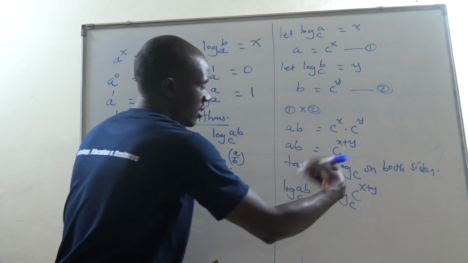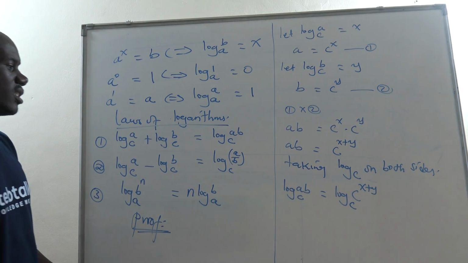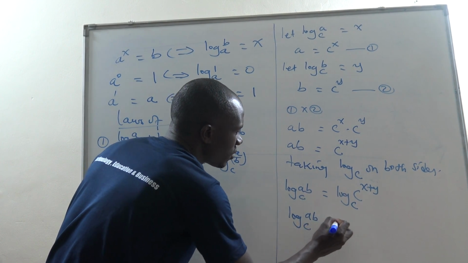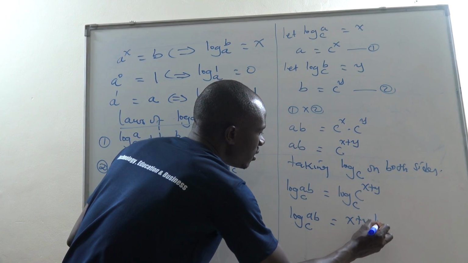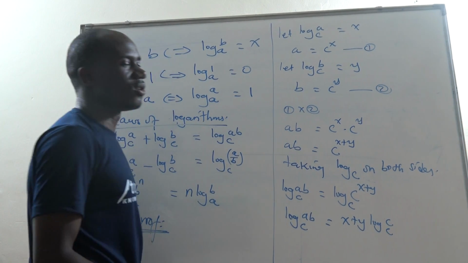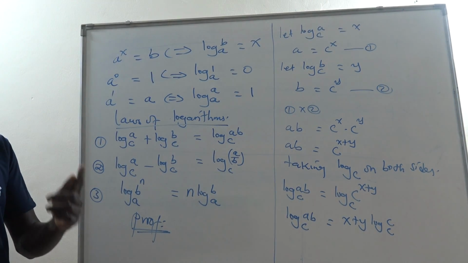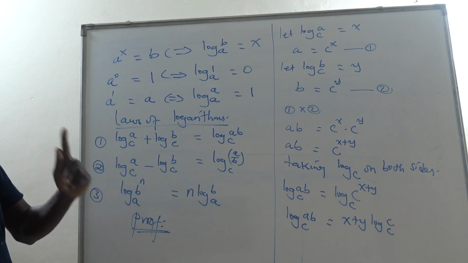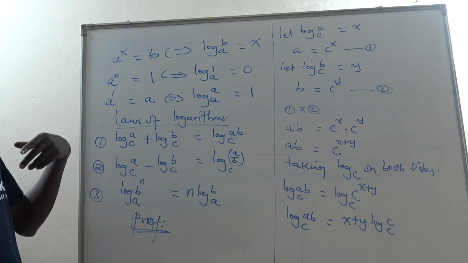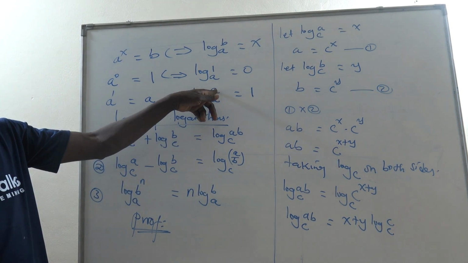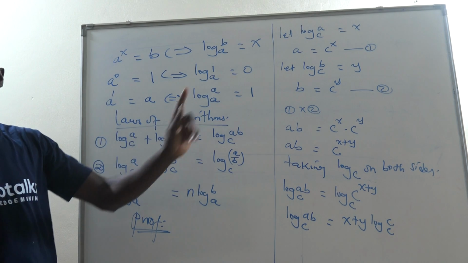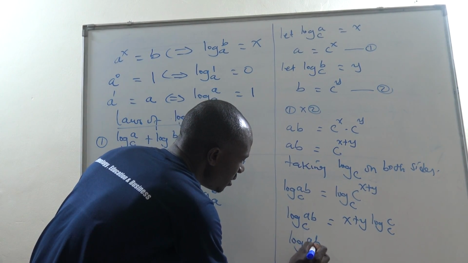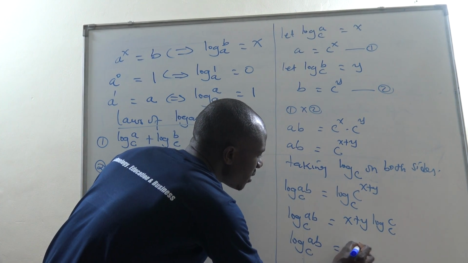So this power is brought down from the rule which I've already stated. So this becomes log ab base c equals x plus y times log of c base c. But log of c base c is the same as 1. Log of a number to its own base is 1, like what we have already looked at. So we get log ab base c equals x plus y.